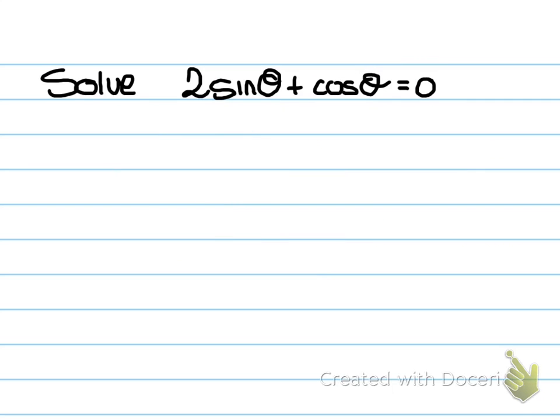All right, my second and last equation. Now, this one you might think, but hold on, this isn't in the form sine equals cos. But what you should notice is that they do have the same angle. There is a sine and a cos term, both of the same angle. So what I want to do is write it in the form where you do have sine equal to cos.